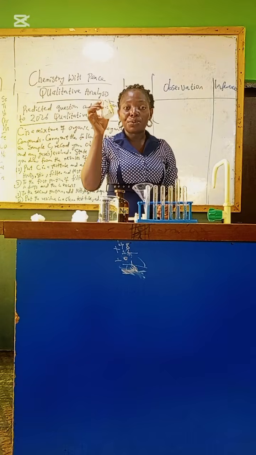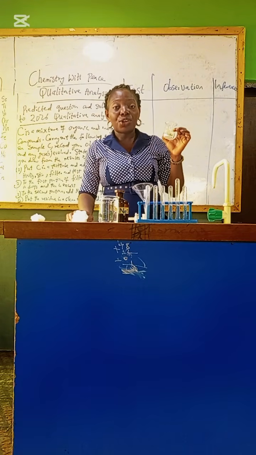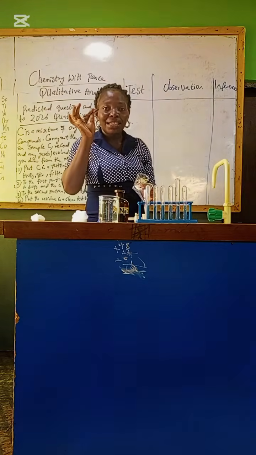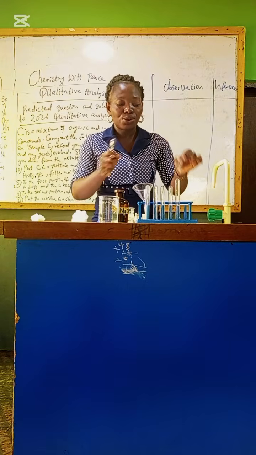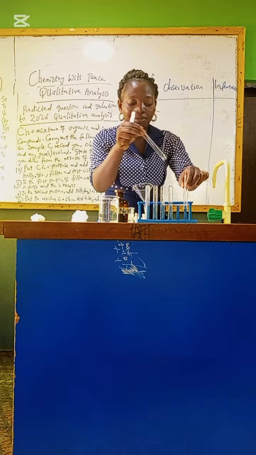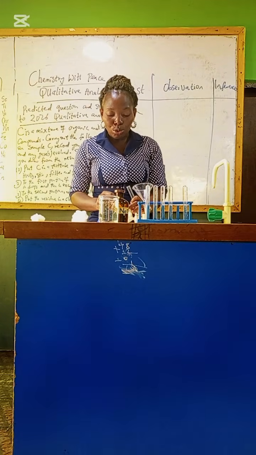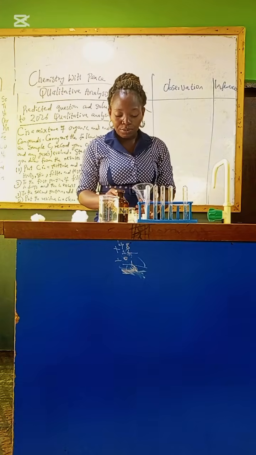This is our sample C. Remember, it's a mixture of organic and inorganic salts. So here is my spatula, here is my test tube. I want you all to observe what will happen with me. Observe it very well.